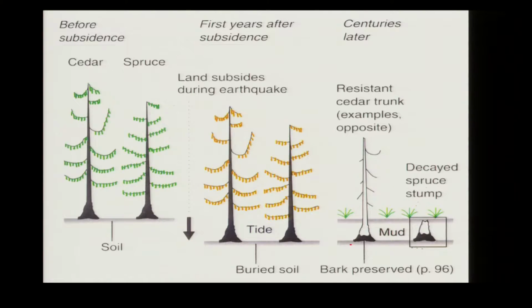So in some locations, along with the tsunami sand, you will have the signatures of the dead forest. This shows that this was the level, it subsided, and then it got preserved in the sediment succession.